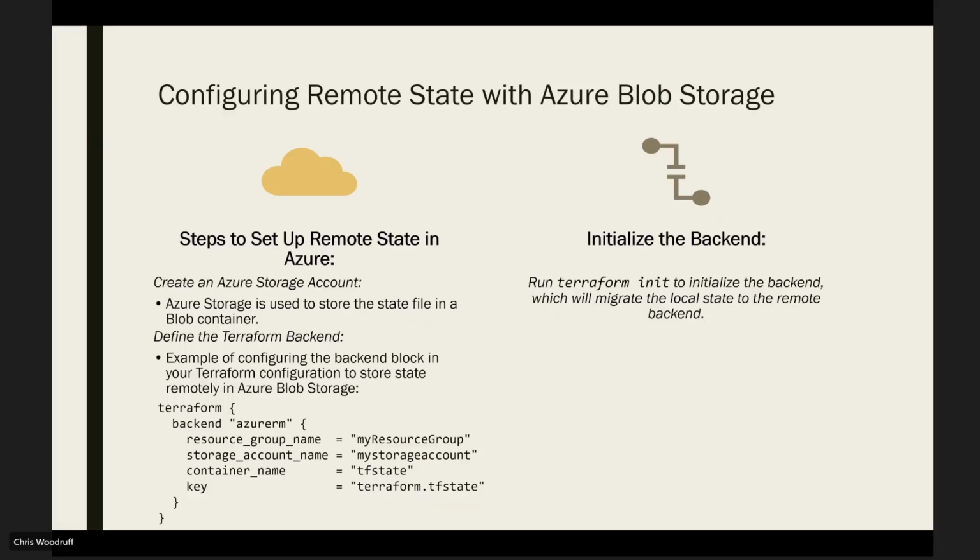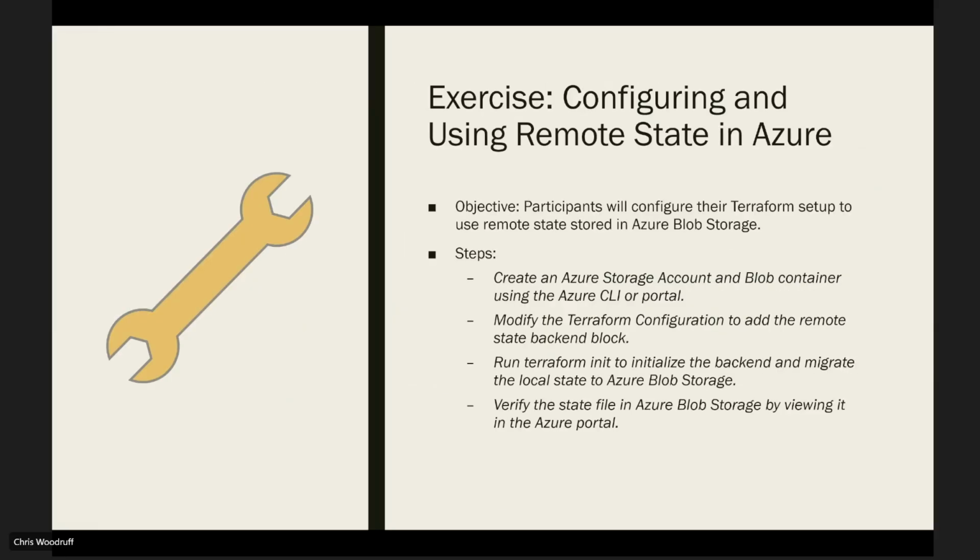It will not only keep the current state, it will keep a running list of previous states of your infrastructure that was created using Terraform. So that's a way to set up the remote state. Okay, and then we have some exercises if you want to go through the workshop.